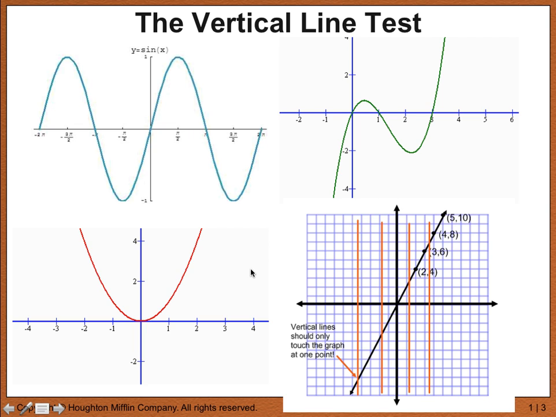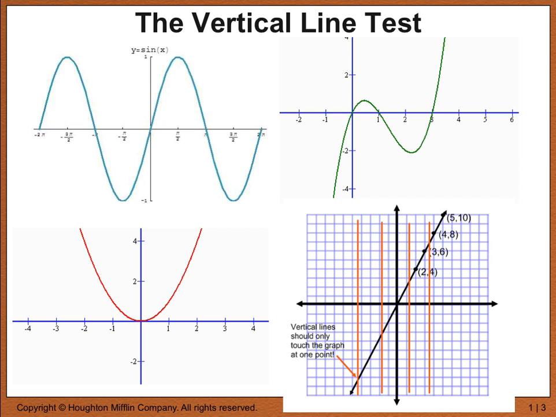How about here on the lower left? This is a parabola, a vertical parabola, also called a quadratic function. And it again passes the vertical line test, which you can clearly see.